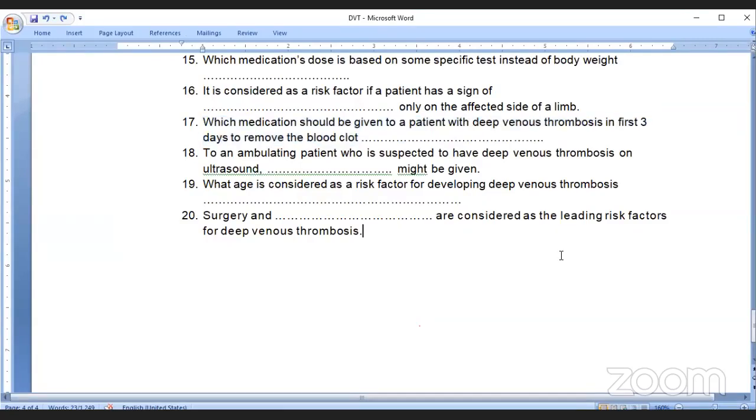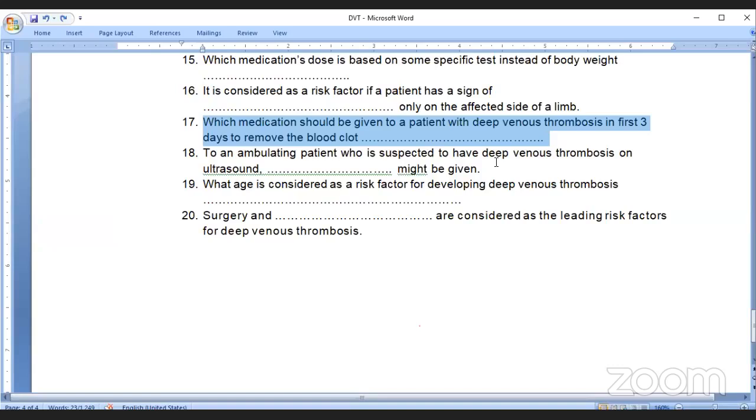Okay. So now question number 17: which medication should be given to a patient with deep venous thrombosis in the first 3 days to remove the blood clot, okay? In which text can you find the answer? Now it is very easy to know in which text you can find the answer. Guys on Facebook, please write your answers.